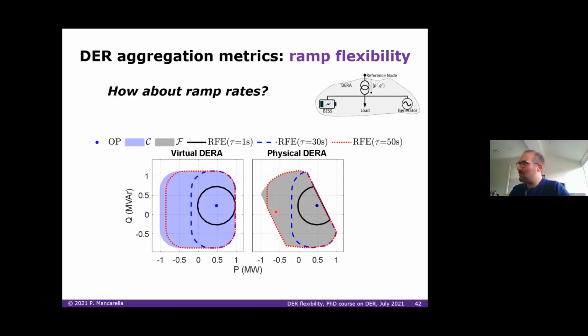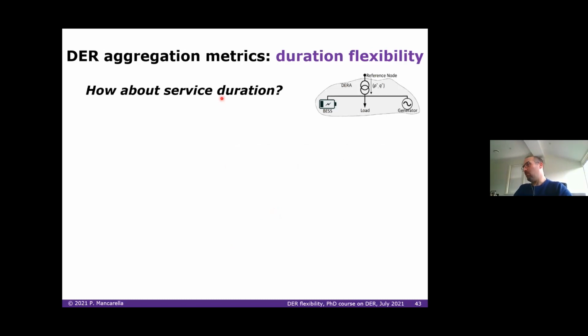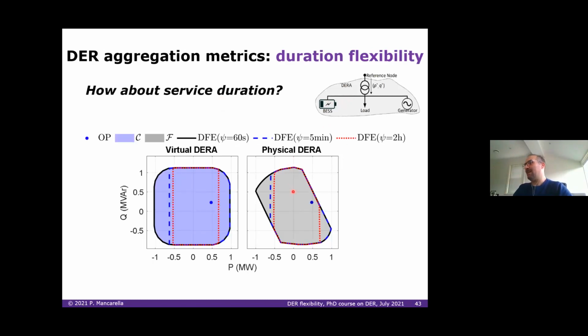Is this enough to characterize flexibility? Well, how long can I change my point for, particularly if I have storage here and am energy constrained? Again, with the same principle, I can only move from one point to another if I have enough energy to provide that service for a certain duration.